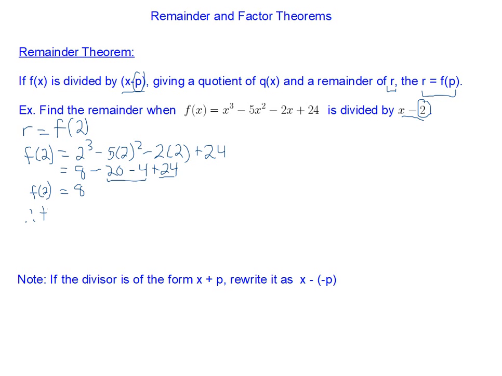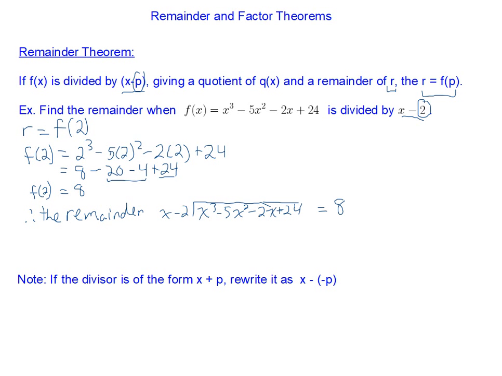Therefore, the remainder of the division of that cubic function, x cubed minus 5x squared minus 2x plus 24, by x minus 2 is 8 as well.